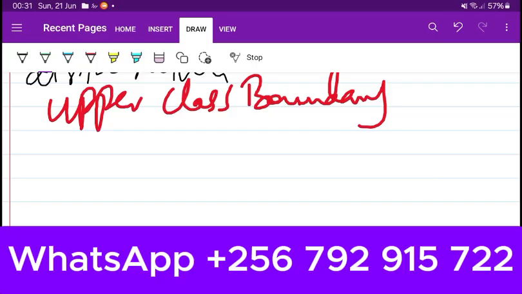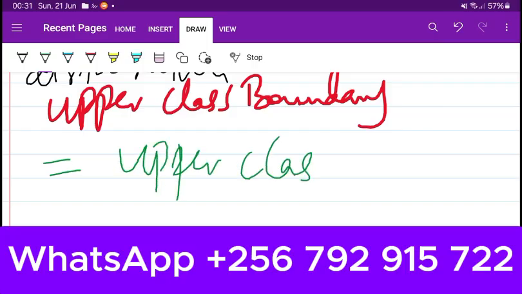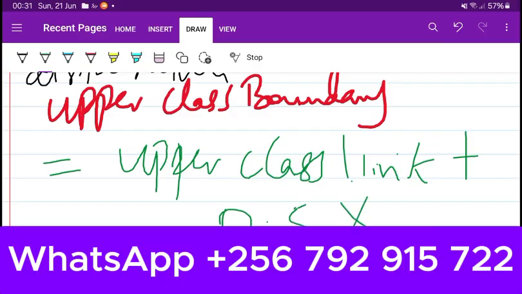The upper class boundary is equal to the upper class limit plus 0.5 times d.